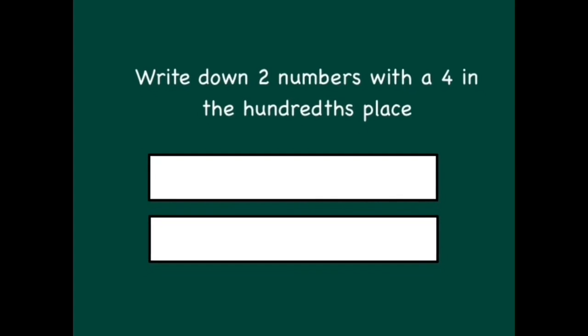We're going to have a 0 in the units place, must put in our decimal point, then we can write any digit we like in the tenths. I'm going to choose a 7. A 4 in our hundredths place, and then I'm going to put a 2 in my thousandths place.